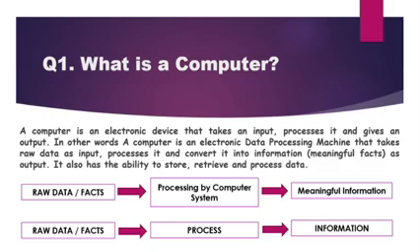Here we can see in the figure that raw data or raw facts are processed by the computer system and converted into meaningful information. And the second figure tells us about the data is converted into information with the help of CPU, that is the processing device.